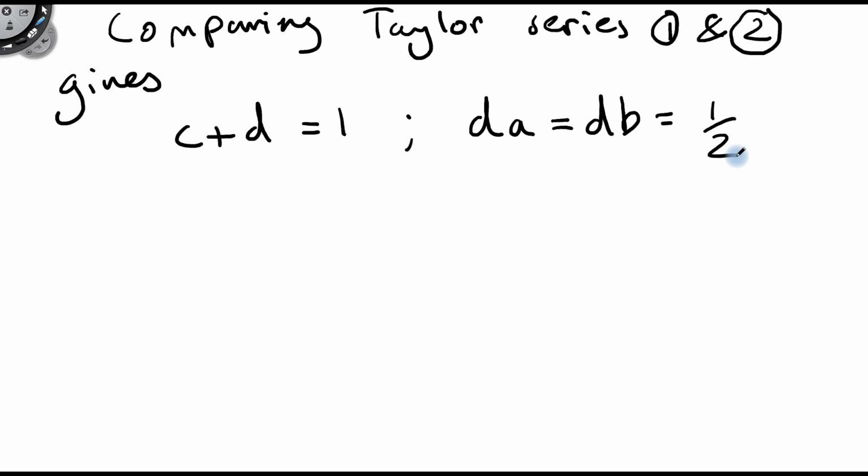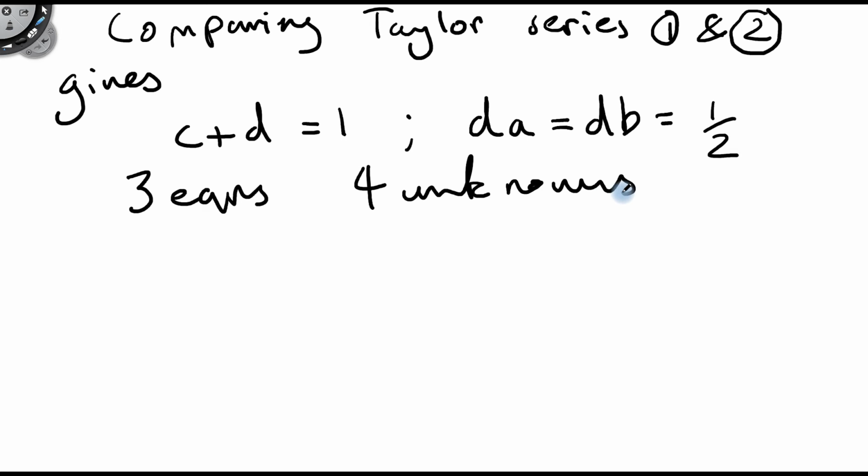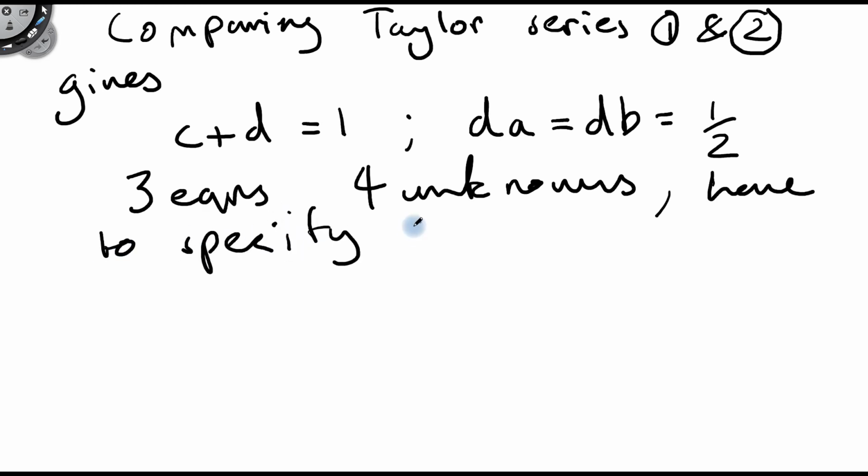So what we've got there is three equations for a, b, c, and d. So we have three equations, four unknowns. So we have to make a choice about one of those constants. So we have to specify one of a to d, and then the rest will follow by these relationships.